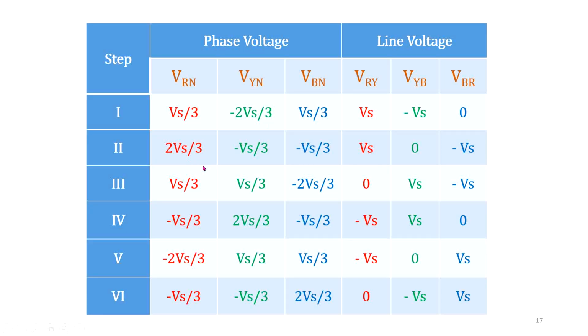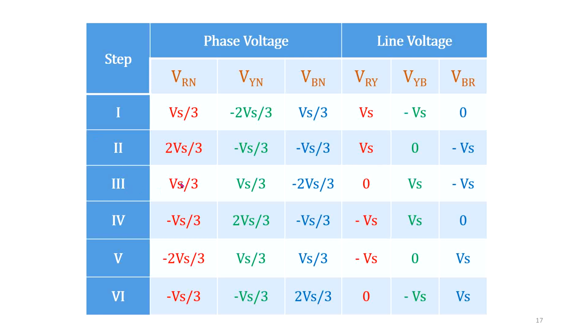Now for each step we have computed the values of phase voltages and line voltages, for the step 1, which one is conducting and which one is not conducting. You know that at a time, one from each leg of the circuit is conducting, T1, T5, T6, like that.